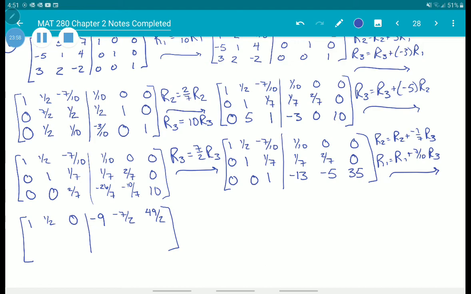Row 2 is row 2 plus -1/7 row 3. So 0 plus 0 is 0. 1 plus 0 is 1. 1/7 minus 1/7 is 0. And then we have 1/7 minus 1/7 times -13.